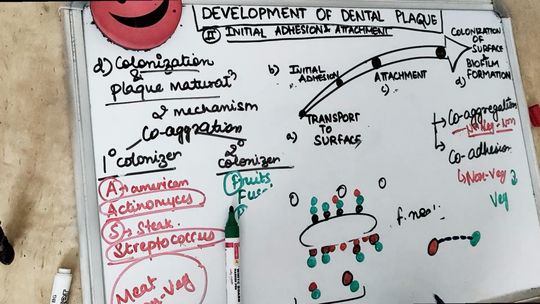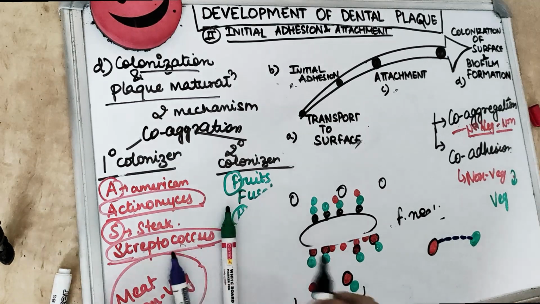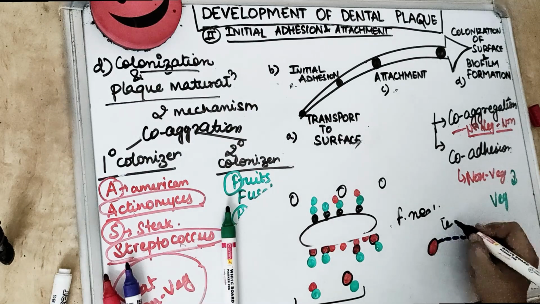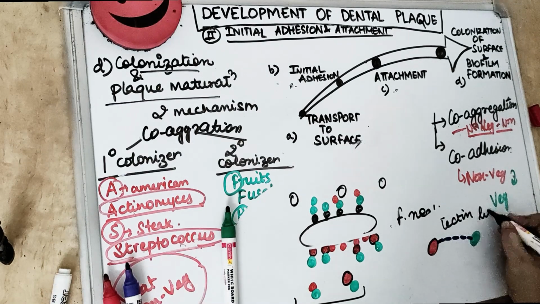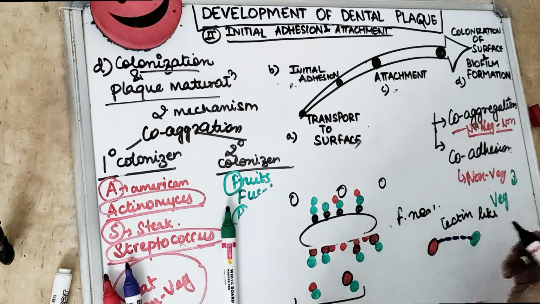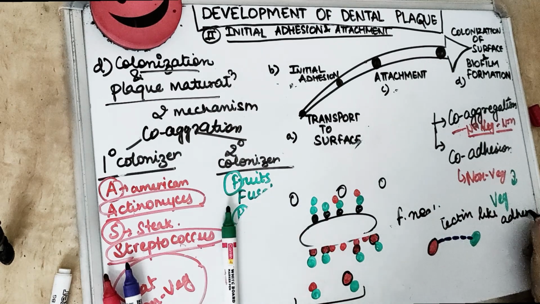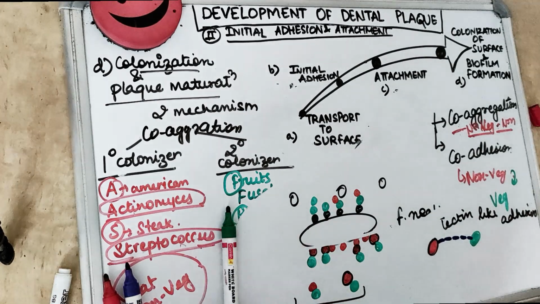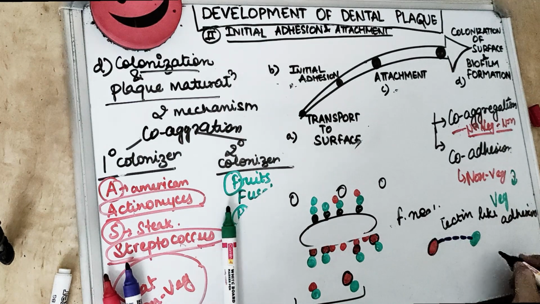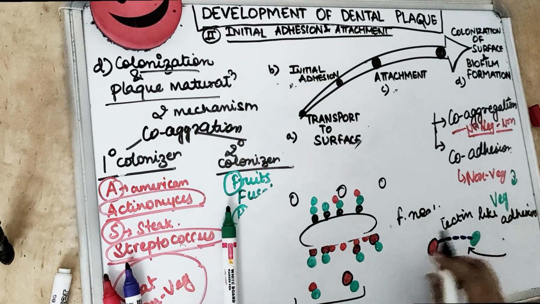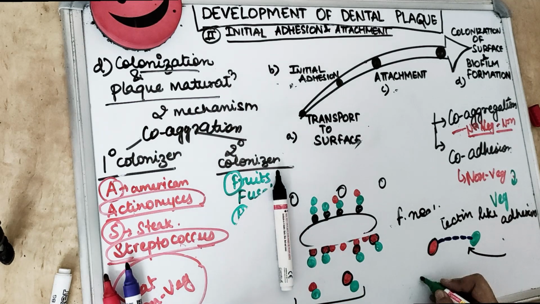So co-aggregation, this bridge or this adhesion of different genera, it happens because of the lectin-like adhesion. So when there is lectin-like adhesion, the molecules stick together. And when we put these bacteria into lactose, when lactose is added, these bacteria get separated.